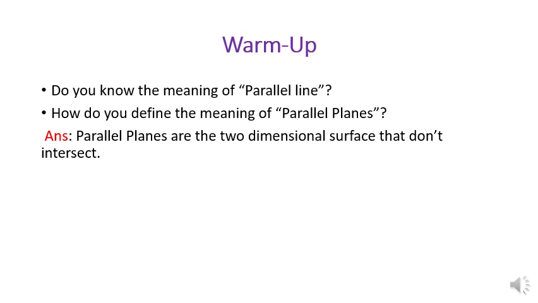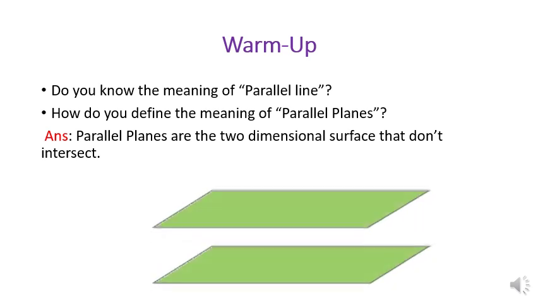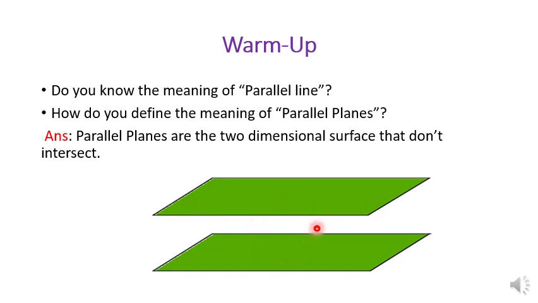It means that the two-dimensional surfaces are equidistant apart, like these two planes, class. This plane and these planes, they are equidistant apart and they won't touch each other. So we say two of these planes are parallel planes.